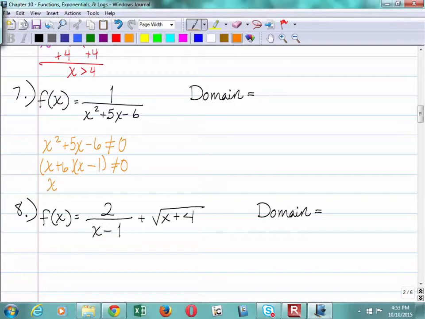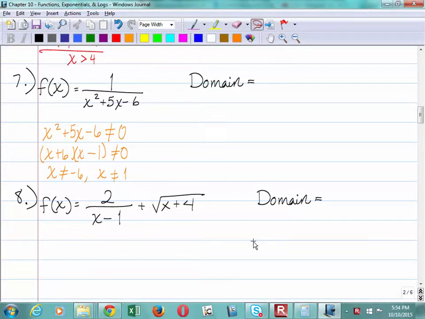So that tells me x cannot be equal to negative 6 and x cannot be equal to positive 1. So that means that the domain is going to be negative infinity to negative 6 union negative 6 to 1 union 1 to infinity.